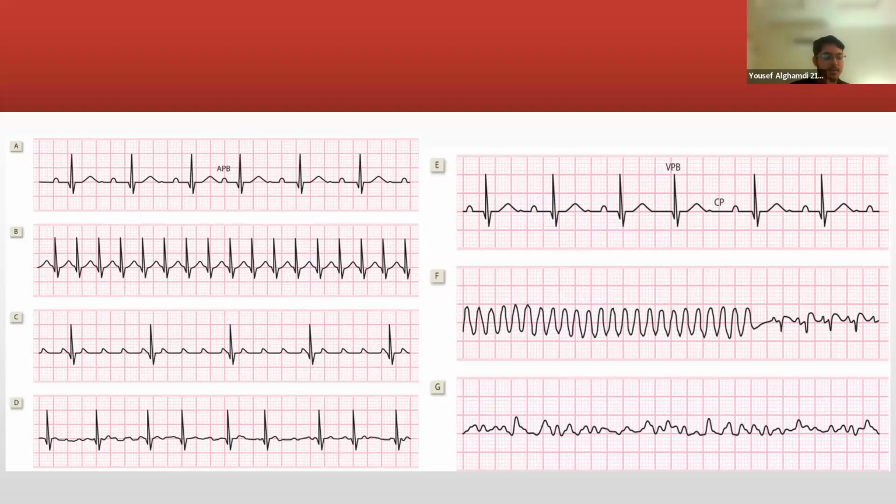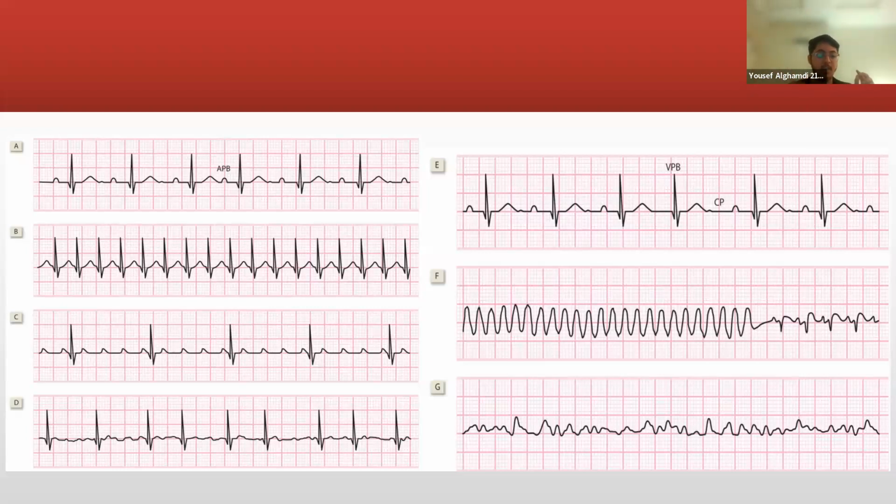I think VTAC, and then it progresses. Torsade de pointes is irregular. Yes, torsade de pointes is basically multifocal ventricular tachycardia. That's when you get ventricular tachycardia and it progresses into torsade de pointes. So it's like ventricular tachycardia, but on another level. So don't put these together.